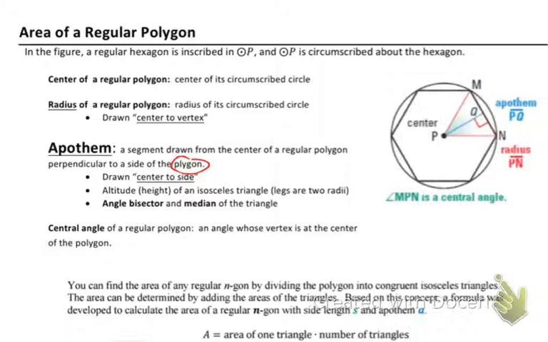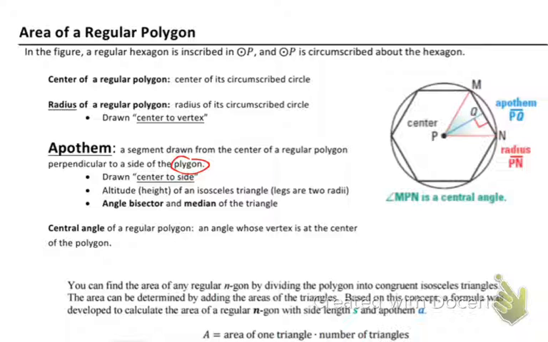But we're going to talk about something that's really important today. It's called an apothem. It sounds like you're saying opossum with a lisp. Oh, I got it. My apothem. Check out that apothem over there.